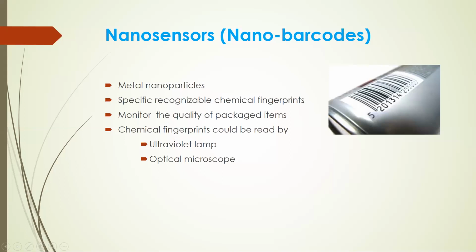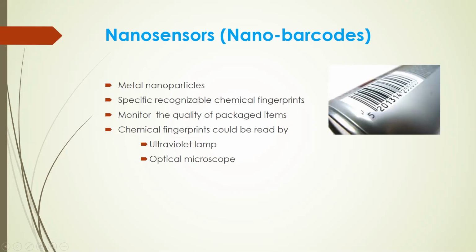So for example, if you go to a large shopping mall, you purchase so many things in various kinds of packaging. You purchase a variety of food items and you go to the counter, and at the counter, the barcode present on each food item is read by a machine.